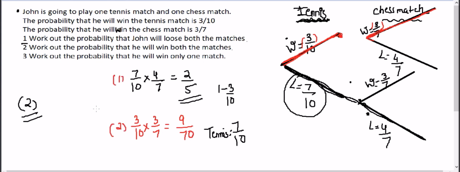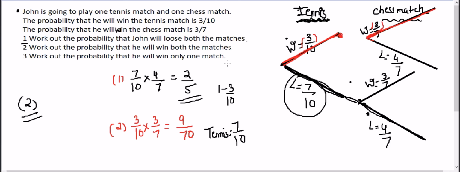Now we have to work out the probability that he will win only one match. So there are two possibilities. Only one match means either he'll win the tennis match or he will win the chess match. If he wins the tennis match, then he has to lose the chess match. And if he has won the chess match, then definitely he has lost the tennis match.